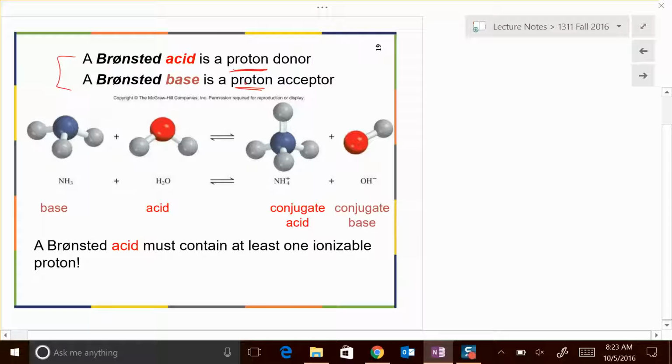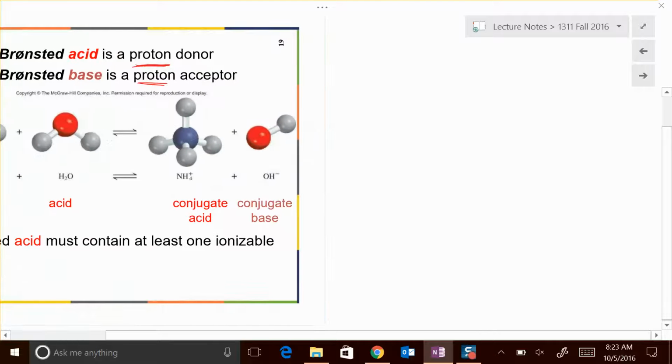Well, what do I mean by a proton? If you consider hydrogen, here's the nucleus of hydrogen. It has one single proton, atomic number 1. That means it has one single proton in its nucleus. Surrounding it is one energy level with one single electron. That's hydrogen.